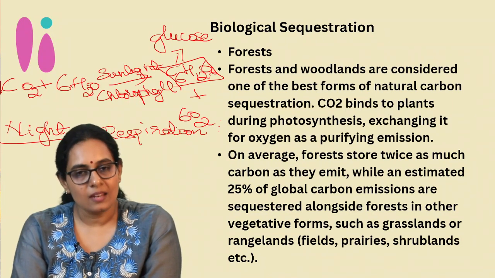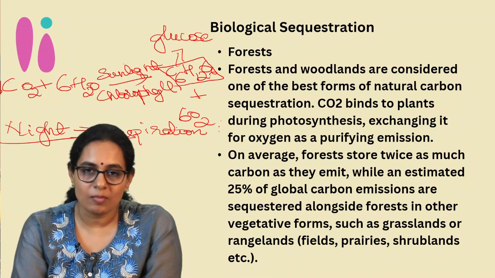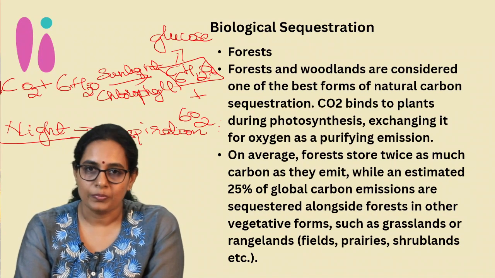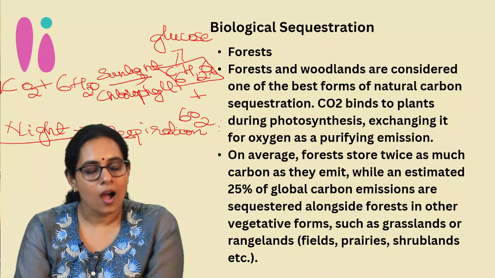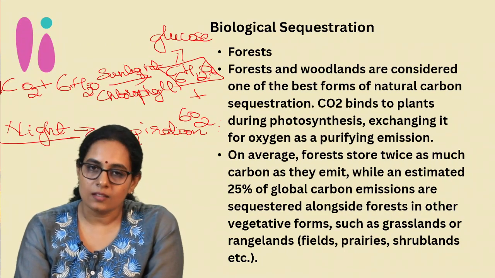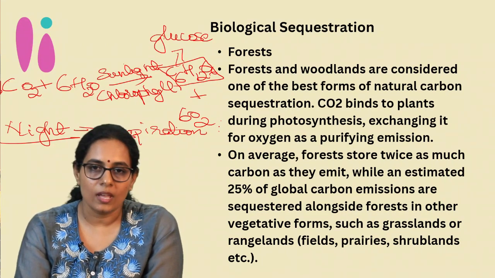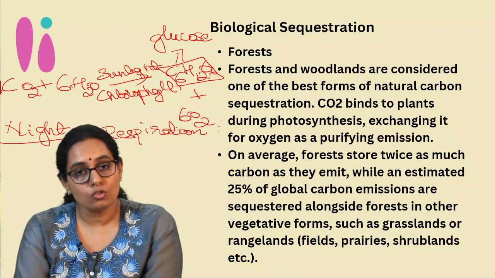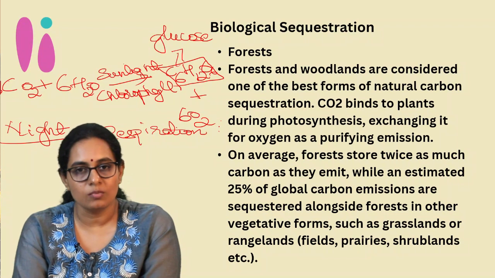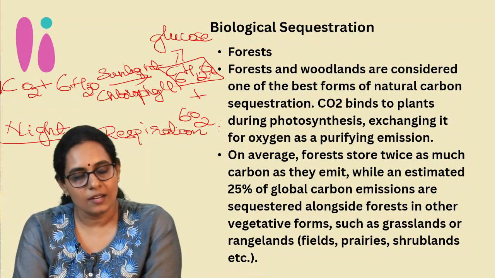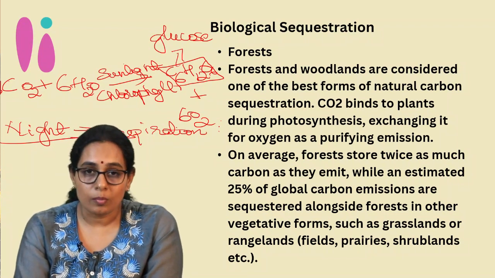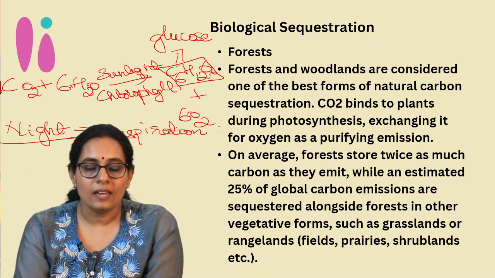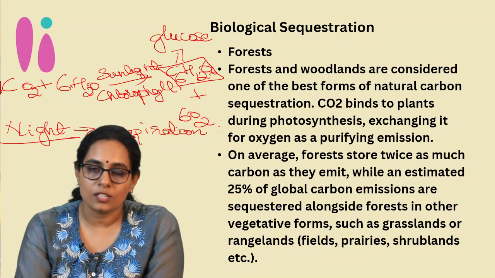But does it mean that it releases all the carbon dioxide stored in the body of the plant? No. It only releases half the amount. The other half is stored in the body of the plants. In fact, it stores almost 2 times the amount of carbon it releases. So the carbon stored in the body of the plant is much more than it releases during respiration.